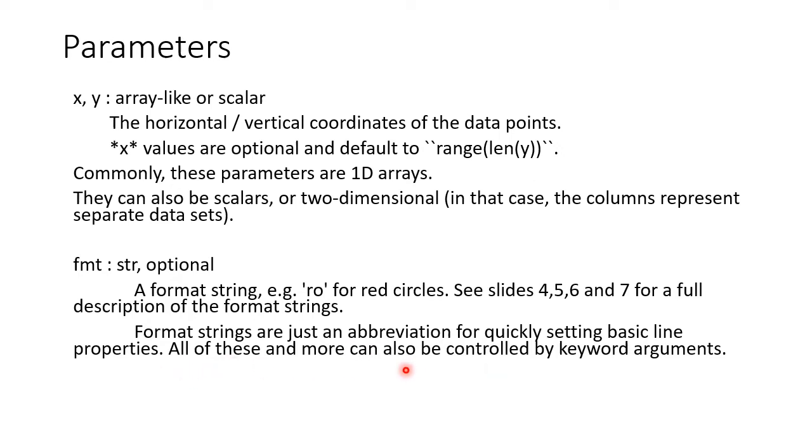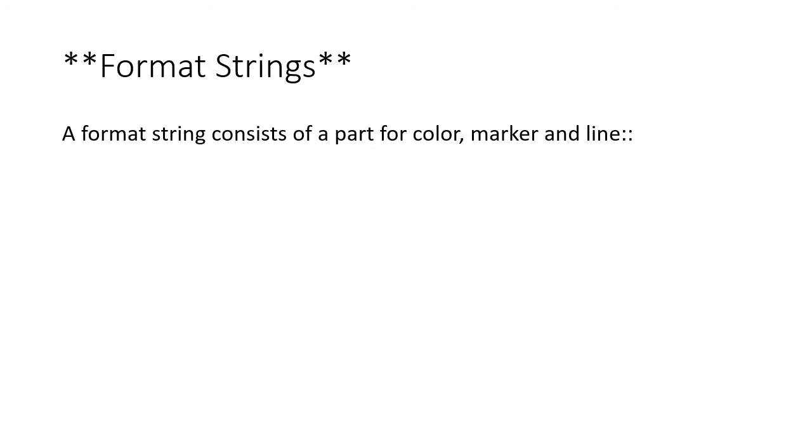All of this and more can also be controlled by keyword arguments. You can set any one of these properties by keyword arguments. Now let us look into format strings. A format string consists of parts for color, marker and line.